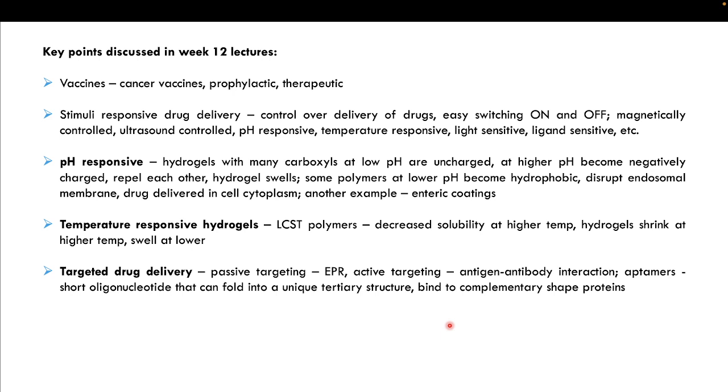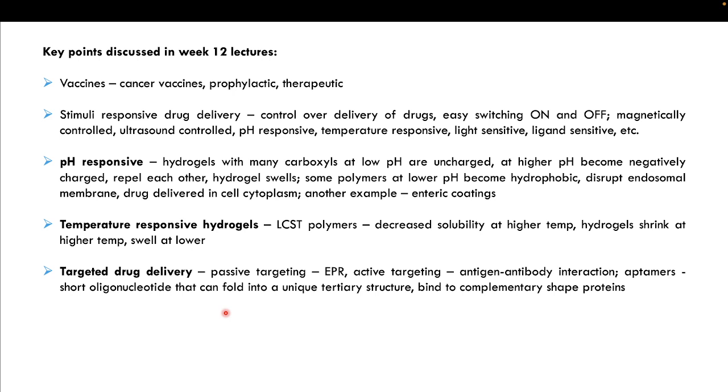Your DNA is actually a very big molecule. Instead of that, if you have some short oligonucleotide, which could be 20 to 30 base pairs of ATGC sequences, these are known as your aptamers. You can make them; these are synthesized also.